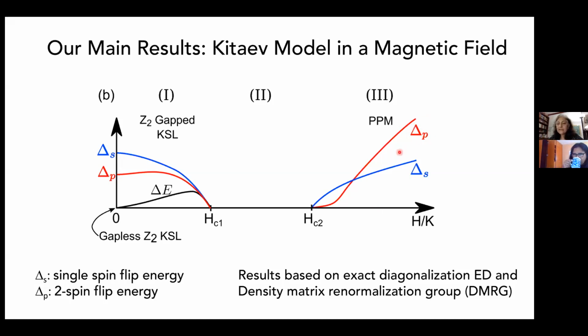What we find is that these two energy scales behave quite anomalously in both low fields and also close to HC2. So that's another set of results I will show, because some of these excitations can be measured by Raman scattering.